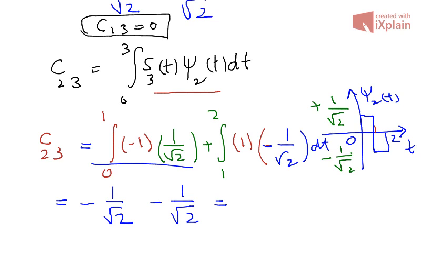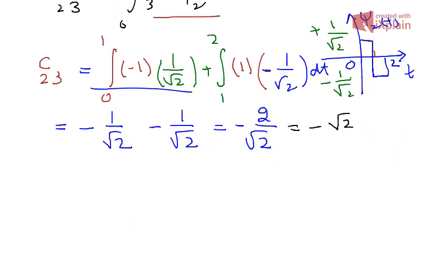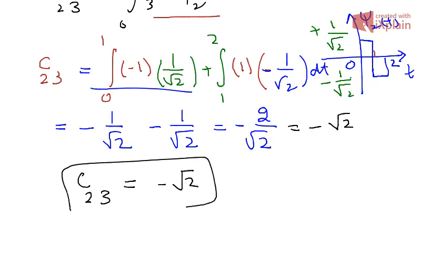It is the same as minus 2 over square root 2, which is equal to minus under root 2. So our image C23 is minus under root 2.